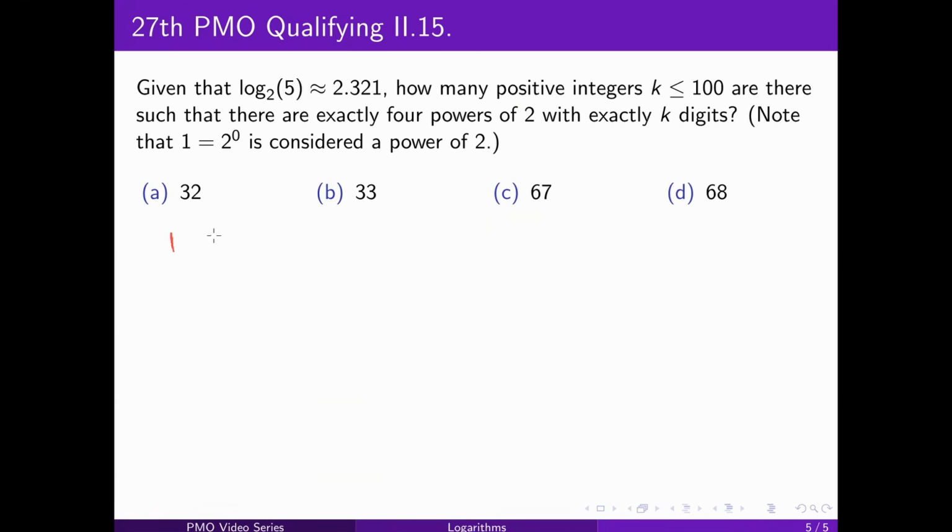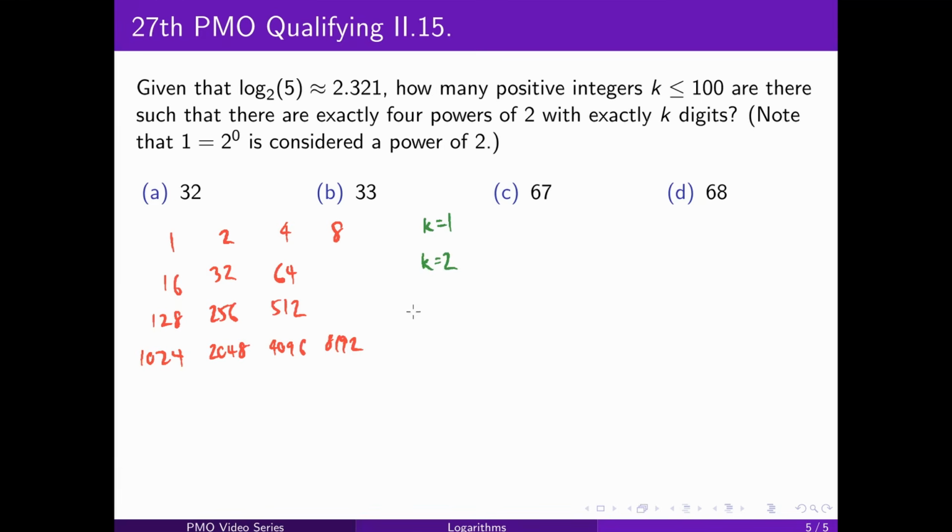So to understand what the question is saying, it helps to list down the first few powers of 2 and then sort it by number of digits, since the question is asking about that. So let's list until, let's say until here. And this would be k equals 1 digits.